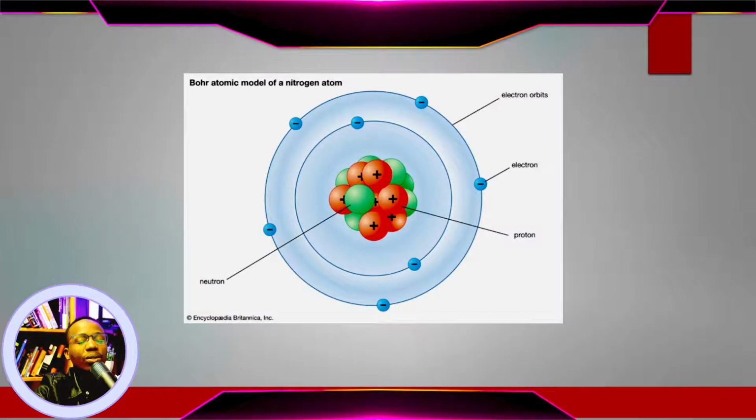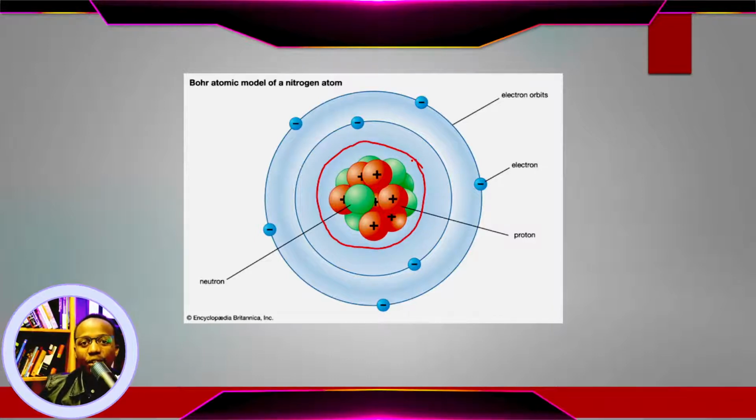So let's go back to the structure of the atom. This is an example of the atom, and this is nitrogen, right? Look at how nitrogen, you have electrons on the outside, and then on the inside, in the nucleus, you have the neutron and the proton. So usually the normal chemical reactions involve what?